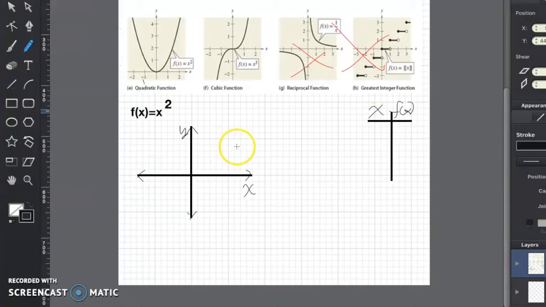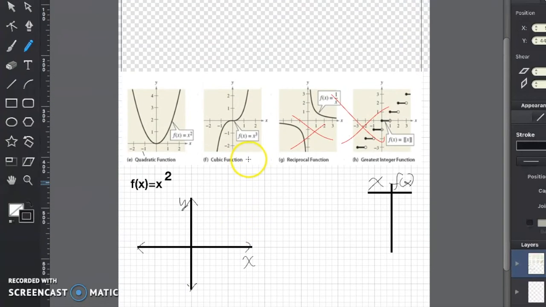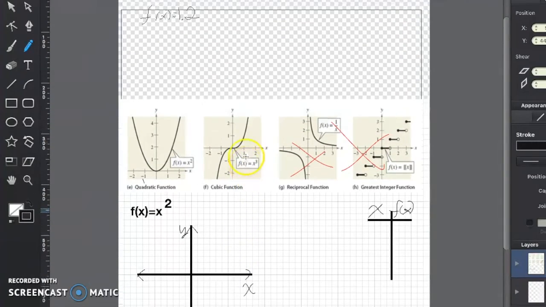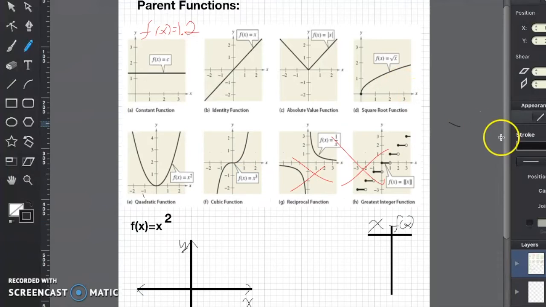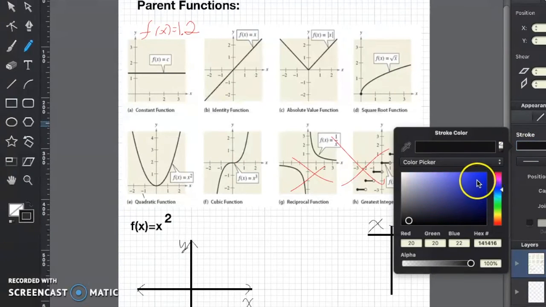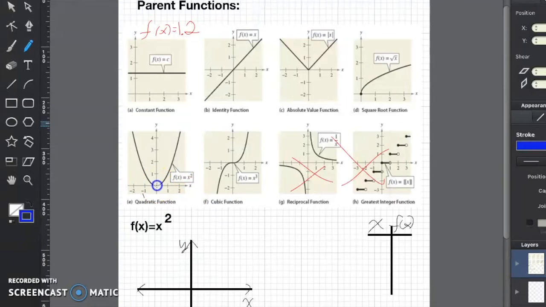Okay, so first thing we want to do is start with some critical points. So when I'm talking about critical points for these functions up here, let me get a different color. Let's pick up a nice blue here. This is going to be my critical point down here. For this guy, it's going to be right here. That's going to be my vertex.